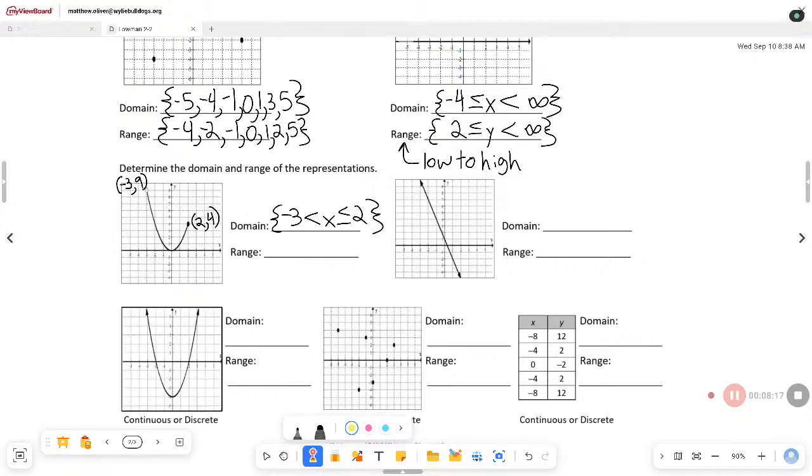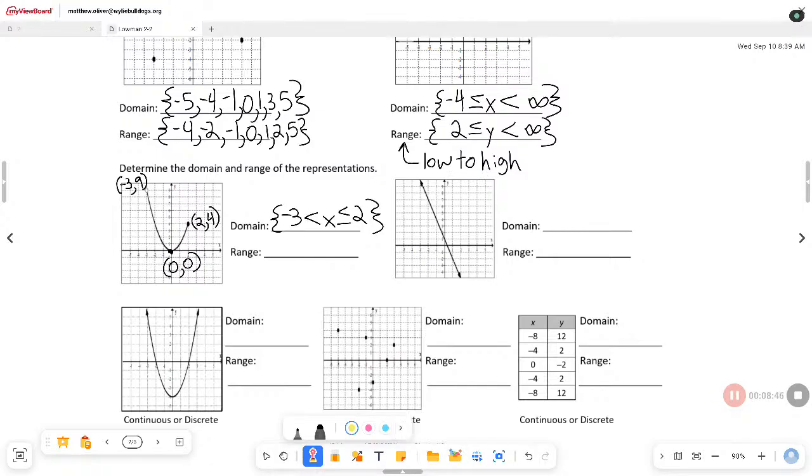Now for my range, I'm going to look at the y values. And so remember, on my range, I'm going from low to high. So the lowest point that I have is actually not on either one of those 2 points. It's actually down here at the bottom. So that is another important point we can't forget, which would be the point (0, 0).